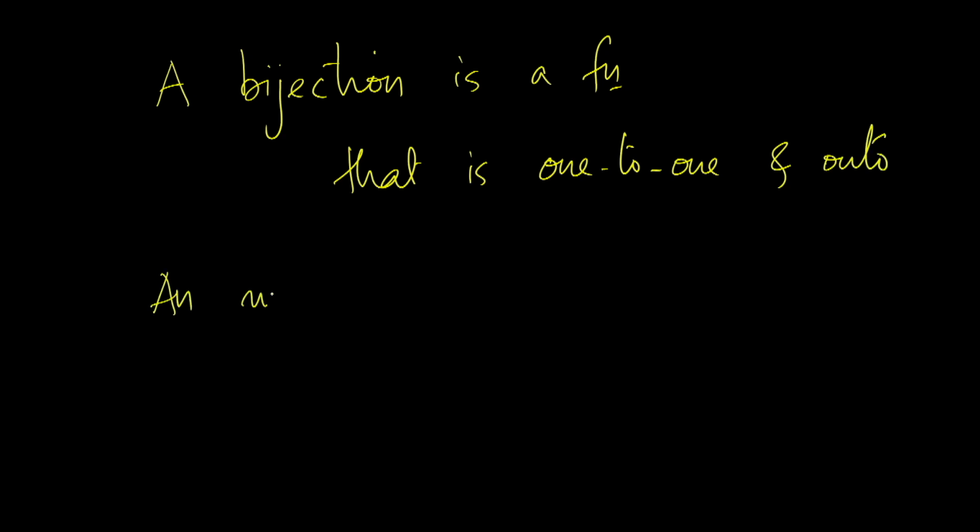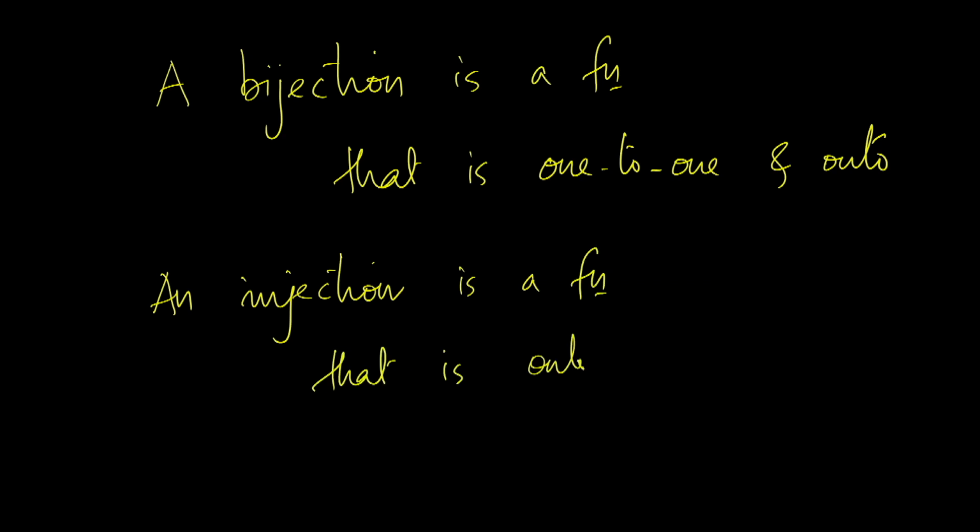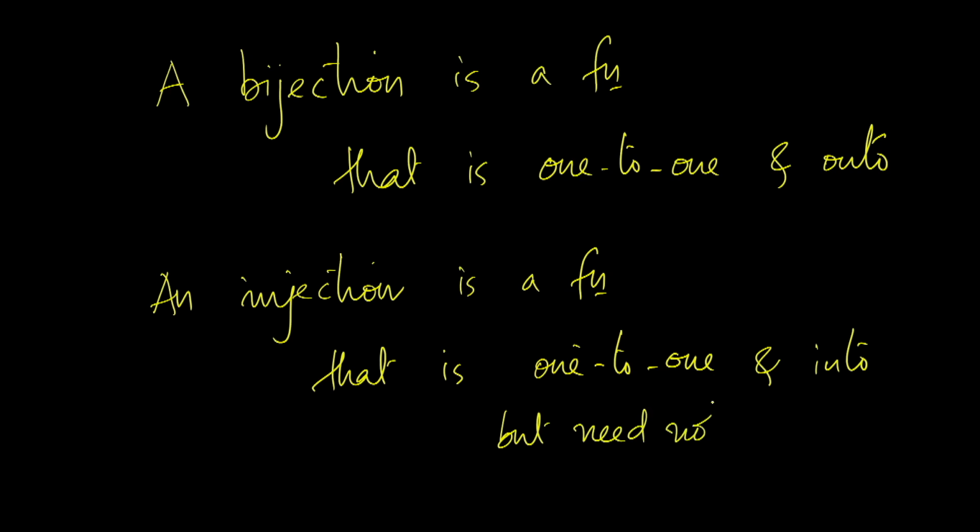An injection is a function that is one-to-one and into, but need not be onto. So, a bijection is also an injection.